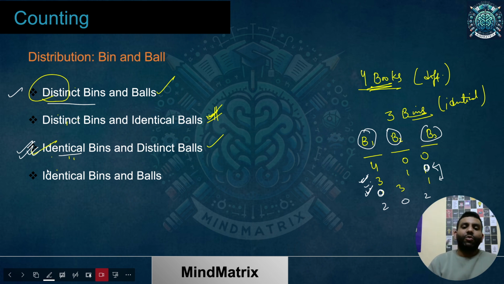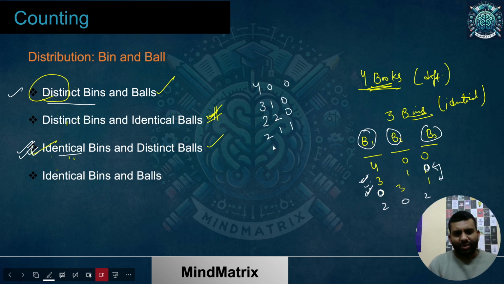So what would be the number of ways you can do that? The answer would be something like this: 4 0 0, or 3 1 0, or 2 2 0, 2 1 1. What else can be there?